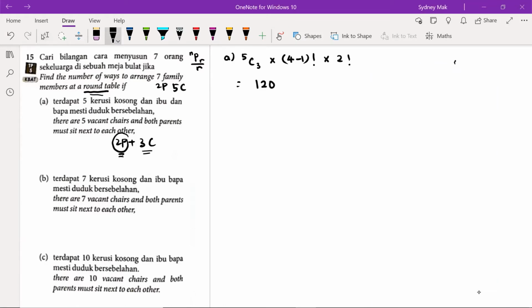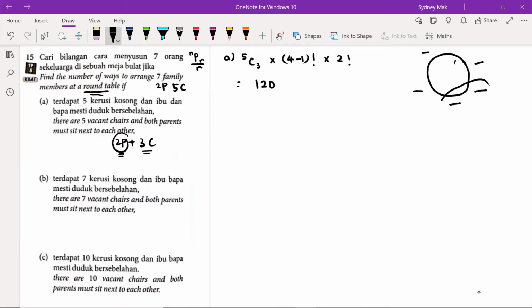Now let's say some of you may not understand what this is. We shall use sketching to help us understand the situation. We have 5 empty chairs, so 1, 2, 3, 4, and 5, whereby parents must sit together.